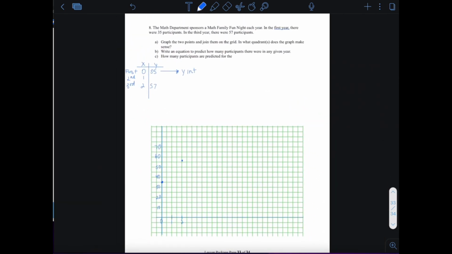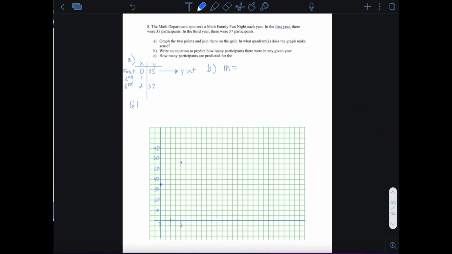Okay, in what quadrants does the graph make sense? Well, I think it would be pretty obvious that it only makes sense in Q1, where both time and participants are positive. Okay, so let's write the equation to predict how many participants there were in any given year. The first thing I'm going to need is the slope between these 2 points, 57 minus 35 divided by 2 minus 0.